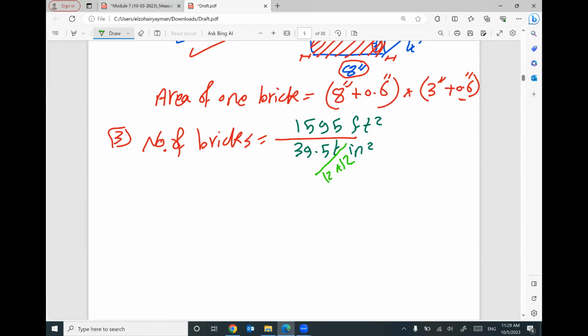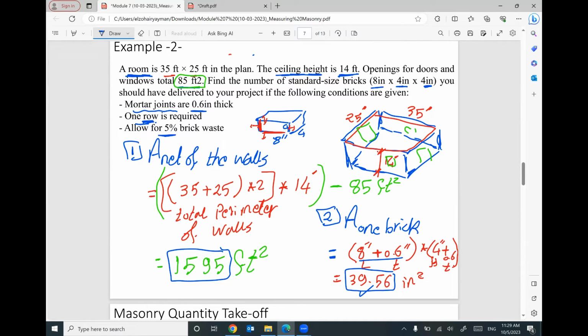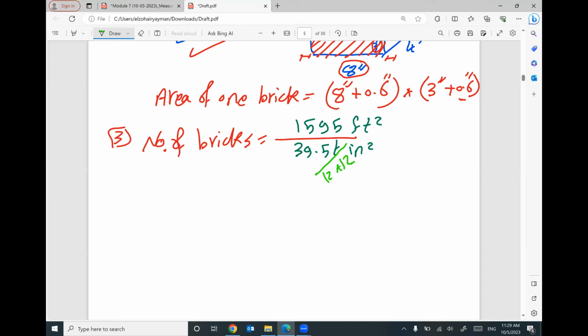Or you can do it from the beginning. You can divide this one by 12 before multiplying both of them. It's up to you. But we have to convert this area from inch square to feet square.